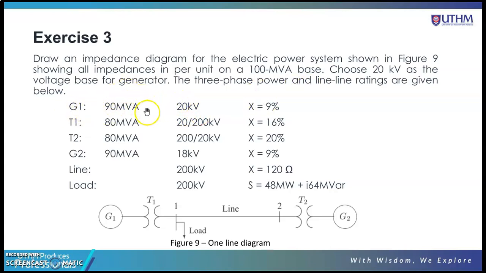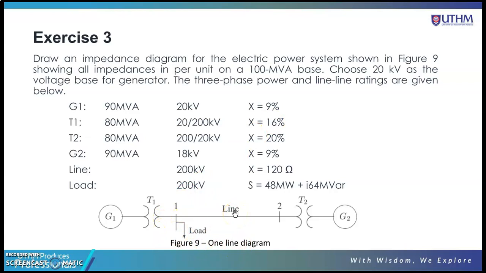This is the apparent power of generator 1, and X is the reactance of generator 1, which is equal to 9%, or 0.09 per unit, that is 9 over 100. And then this is the single line diagram.